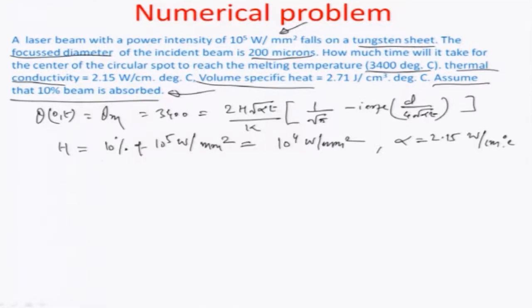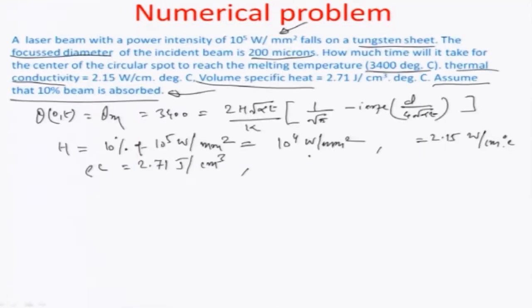Volume specific heat rho C is 2.71 joule per centimeter cube. I'm sorry, this is K, the thermal conductivity, making the thermal diffusivity alpha the ratio of K by rho C, 2.15 by 2.71. This comes out to be about 0.79 centimeters square per second.